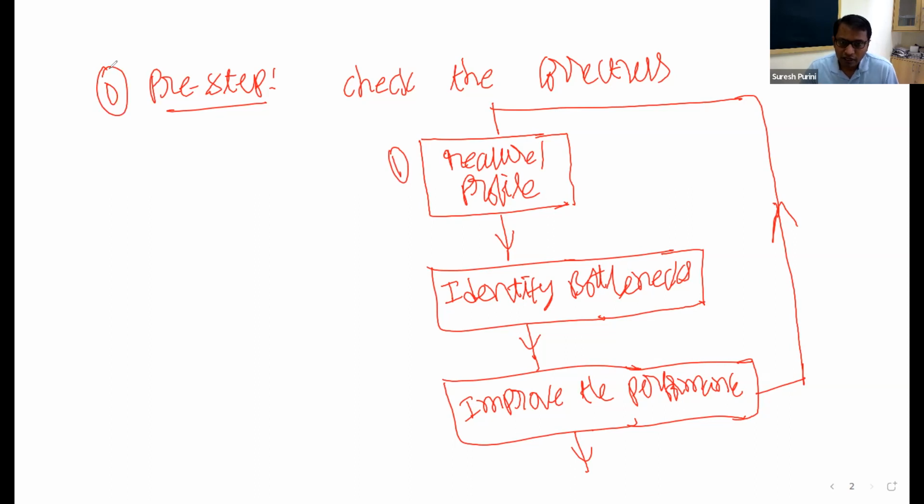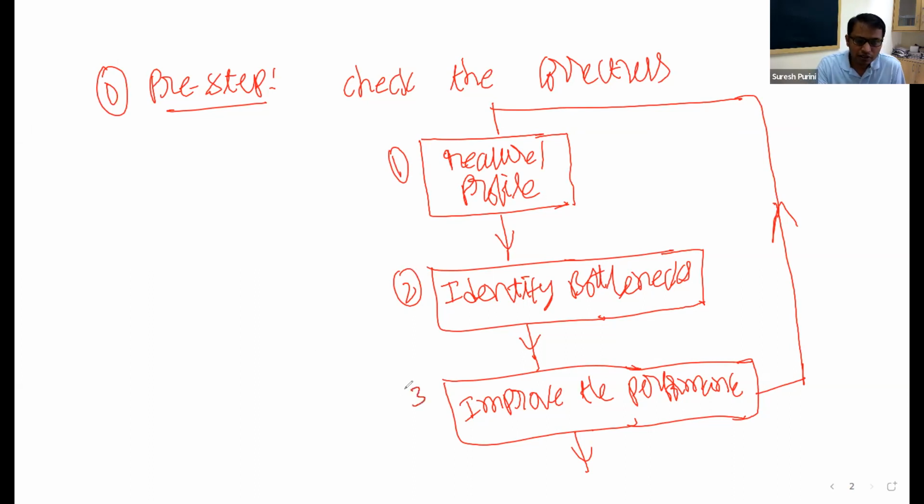Second, of course, identifying bottlenecks. We analyze the profile and try to identify the bottlenecks. That is step 2. Step 2 is not quite easy. It takes quite some time and experience to go about systematically identifying these bottlenecks.